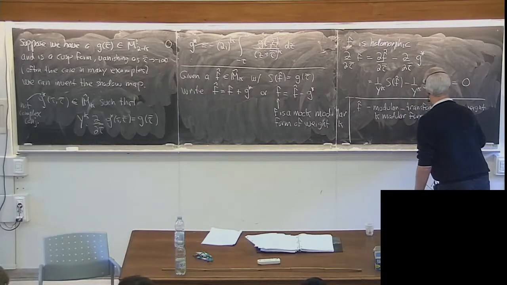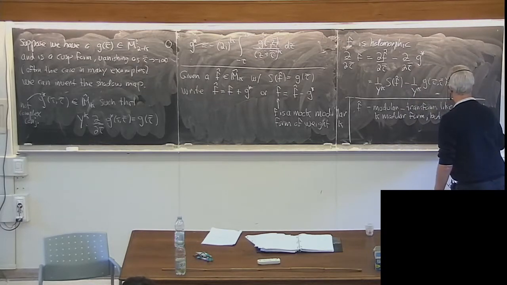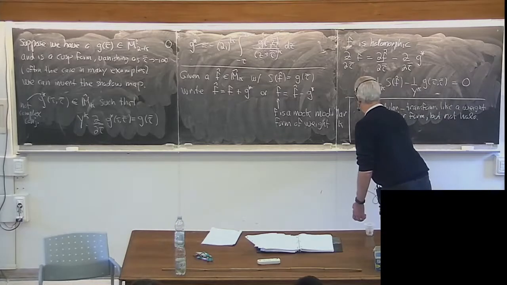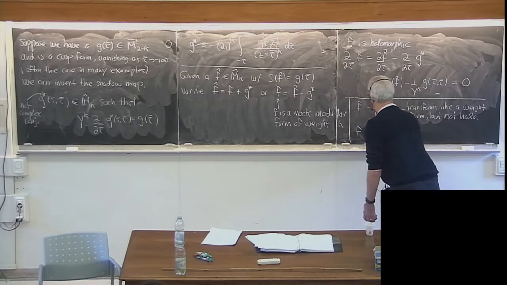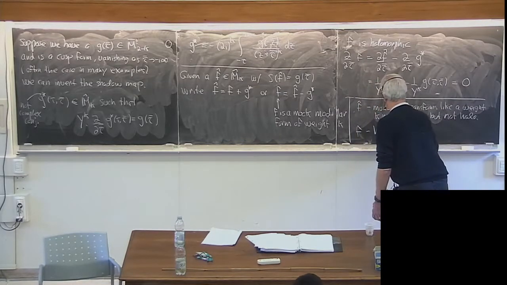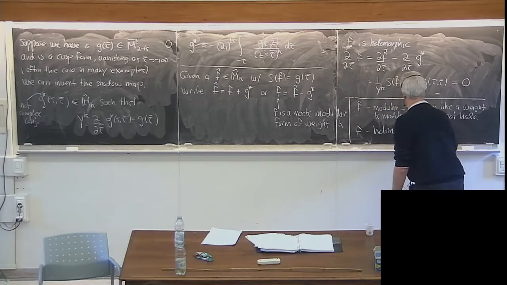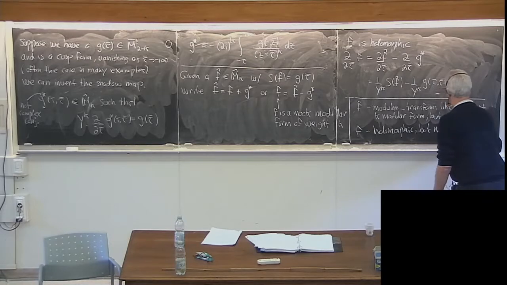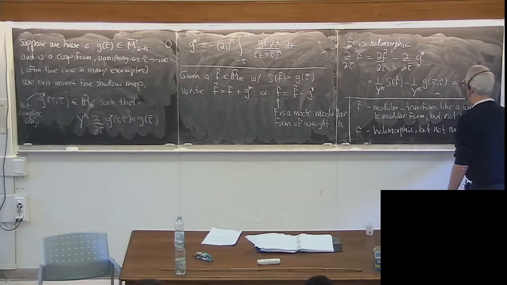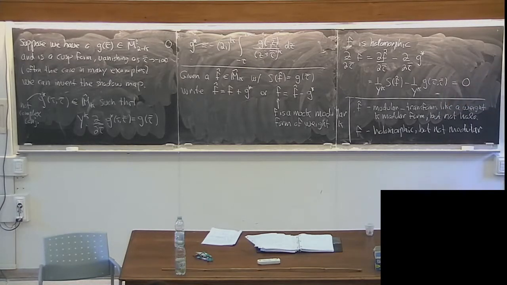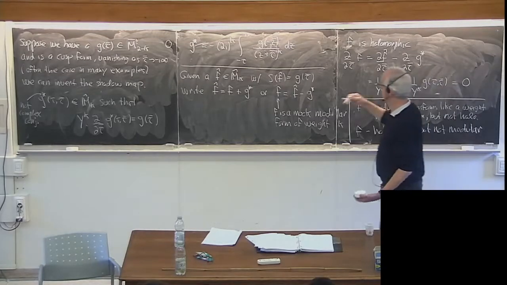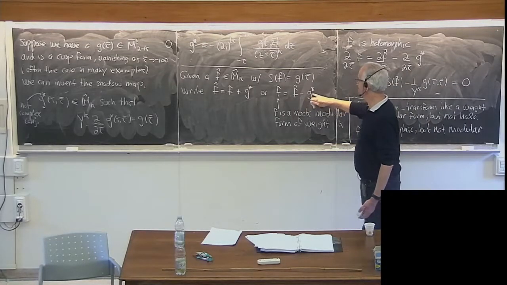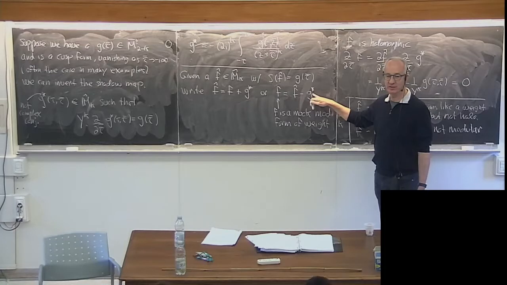But it is not holomorphic. F is holomorphic, but it's not quite modular, because there's a modular transformation of F hat, but then you have to look at the modular transformation of G star, and it transforms in a more complicated way.